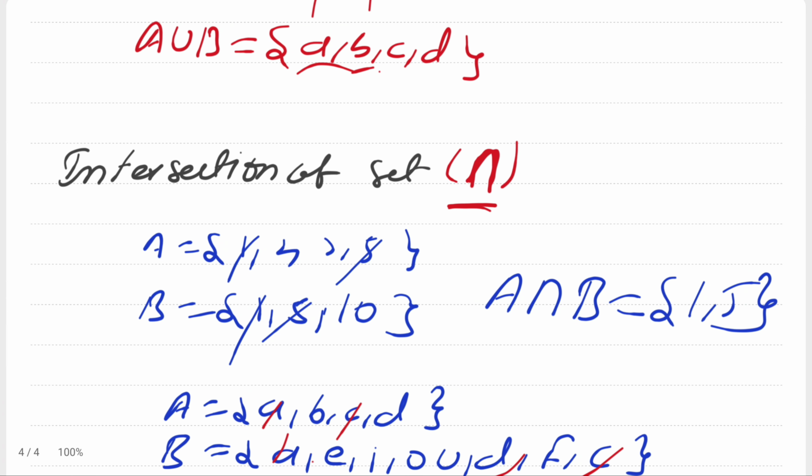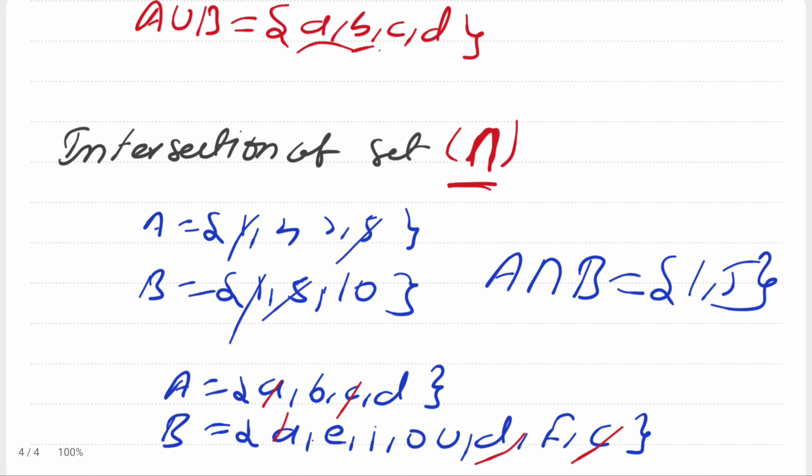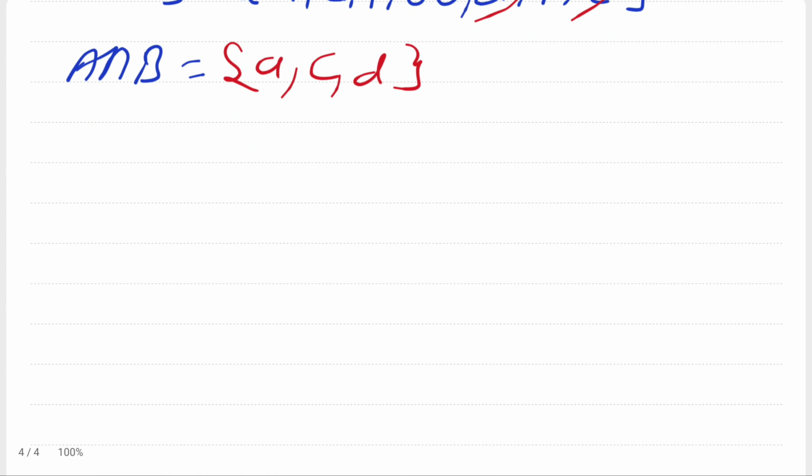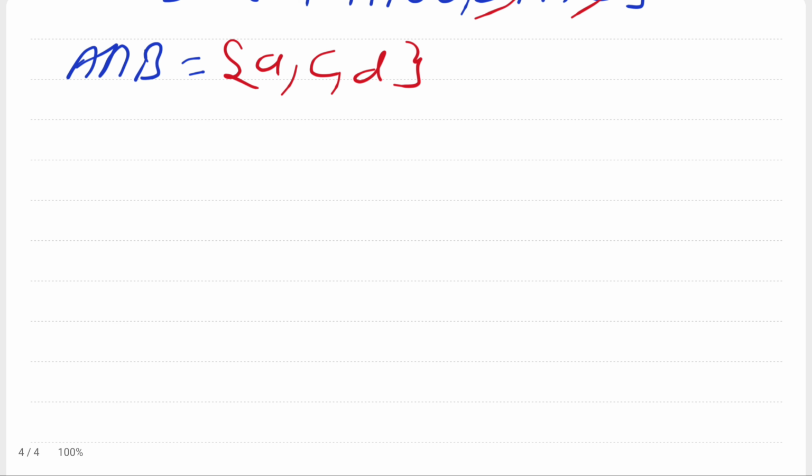Understand? So right now the definition of intersection of sets that I will tell you, you can write. Otherwise a definition is something bigger, so I tell you the definition, then you write. The intersection of sets is denoted by this symbol.